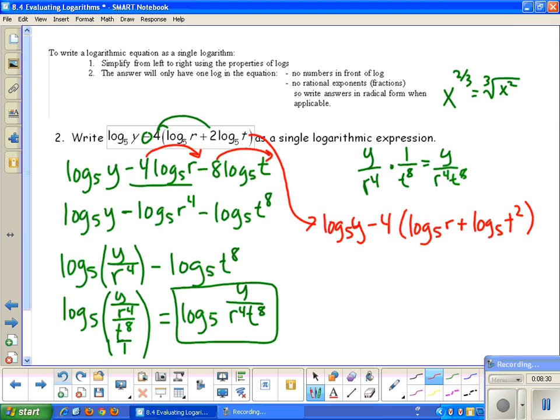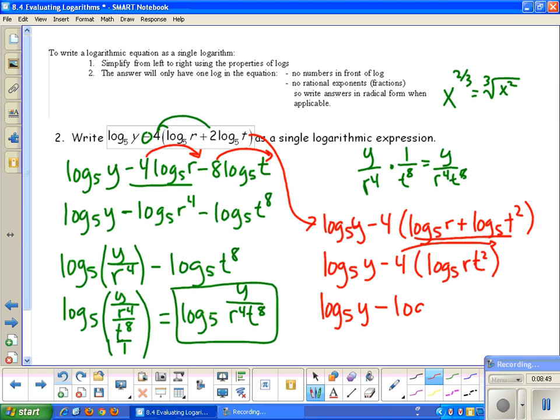And then I would simplify this by multiplying what I'm taking the log of. And then this number would come up as an exponent. And if I do that, that means both of these have to get the 4th power.